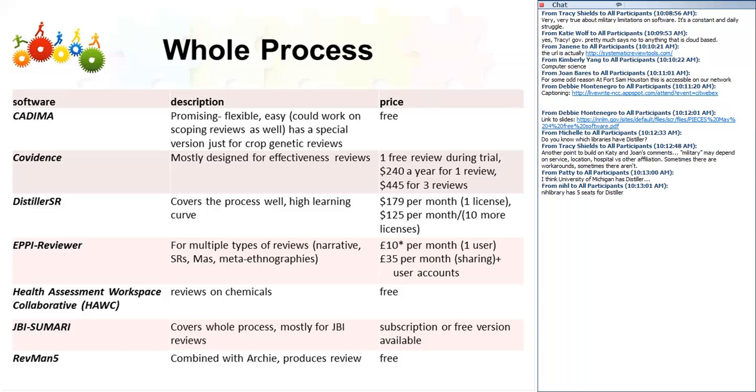So I thought that was really interesting. There's also another one that's free, called HAWC, and it's really specific to reviews of chemicals. I have used that on 2 reviews here at A&M because one of the professors here helped to create it, so I got to see a little bit about how it works, but it's really specific. Of course, and there's always RevMan.